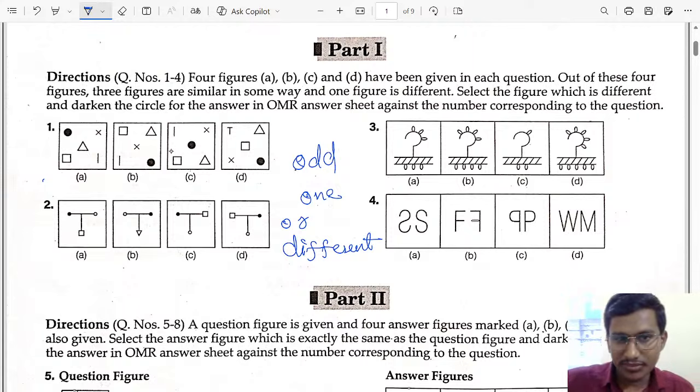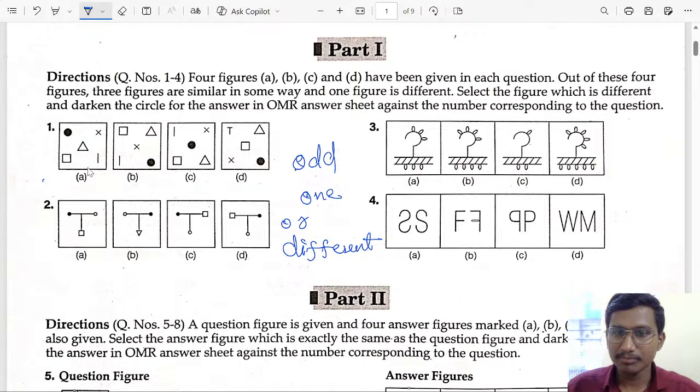For the first figure, if you see what is happening, from here to here, what is the change? The dot is in the corner, then it is here, and then in the middle, and then here, right? So if you see here, what will it be? Tell me.